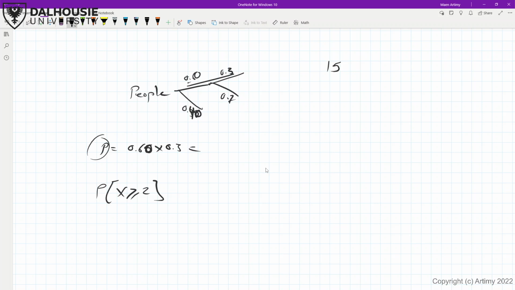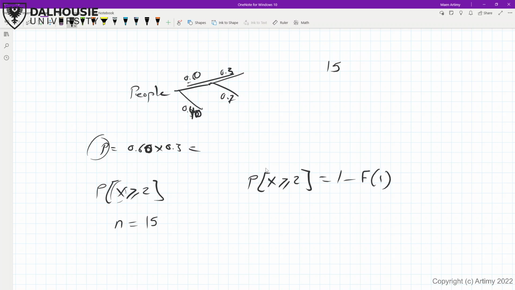Now we figured p, we figured x, we are looking for n. N is the number of people total, which is 15. So the probability of X greater than or equal to 2 is the same as 1 minus F, and now we're looking for the number 1.